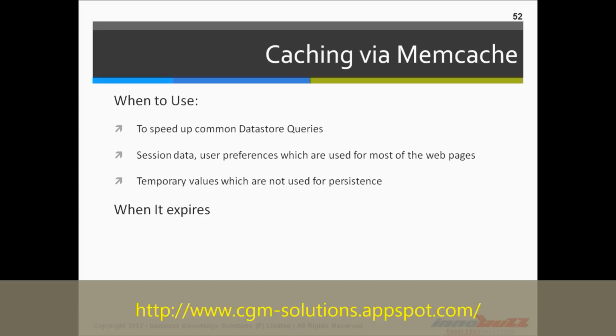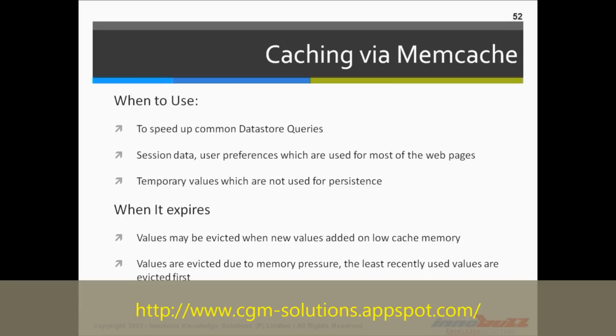When values expire, or when new values are added under low cache memory, values may be evicted due to memory pressure. The least recently used values are evicted first. You can specify the time in seconds for the value at creation time or via the admin API.